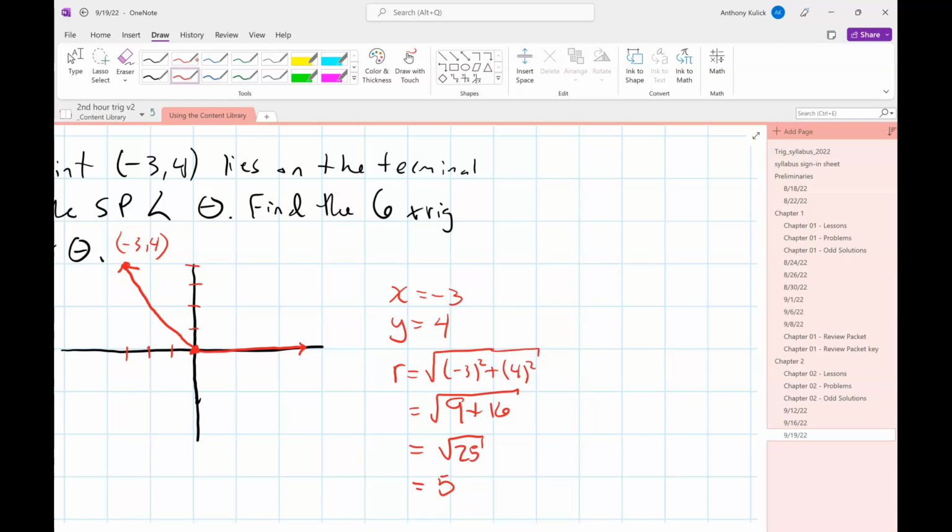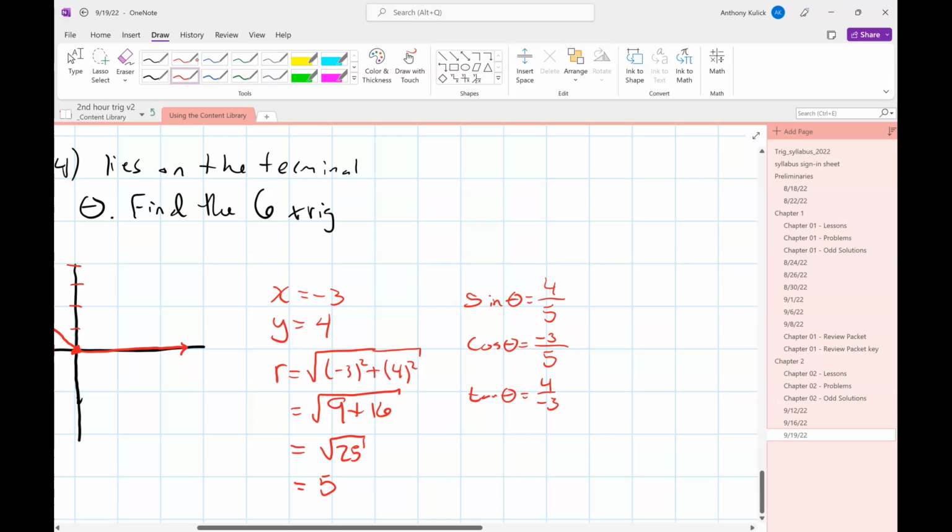Everybody cool? Okay. So sine theta is y over r. Cosine theta is x over r. Tangent theta is y over x. Cosecant theta is the reciprocal of sine.